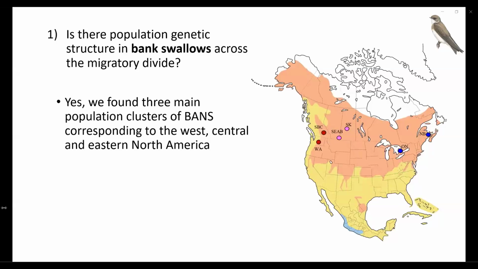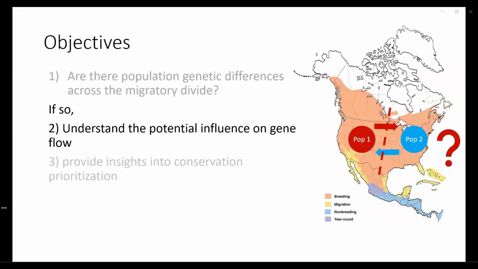Considering bank swallows, we also found there are three main population clusters corresponding to west, central, and eastern North America. Our second objective was to understand the potential influence on gene flow.